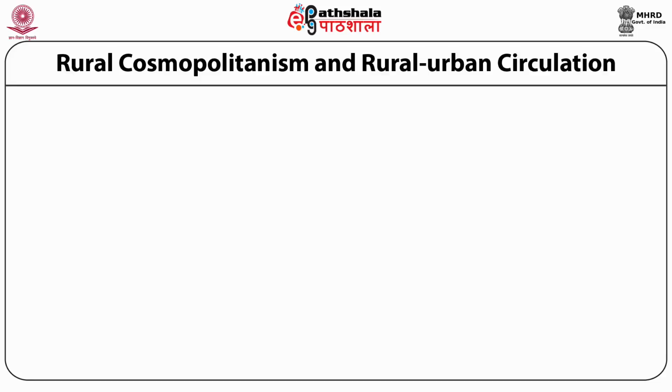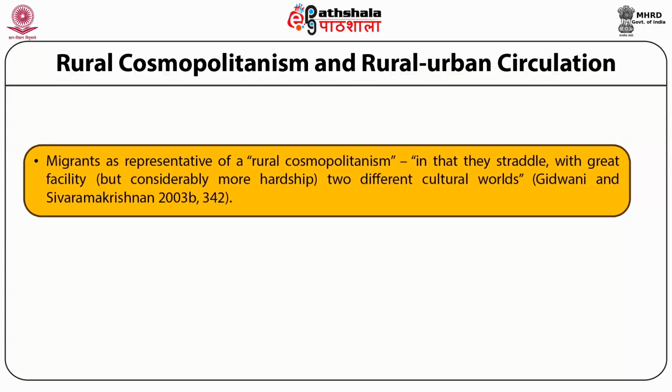These authors view such migrants as representatives of a rural cosmopolitanism. The migrants straddle two different cultural worlds with great facility but with more hardship.